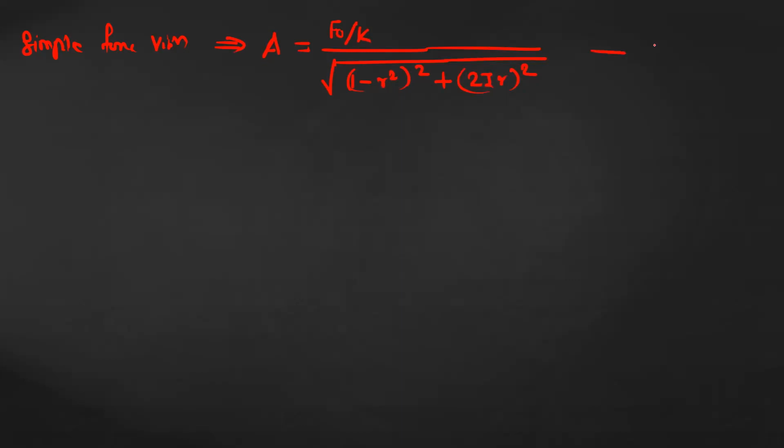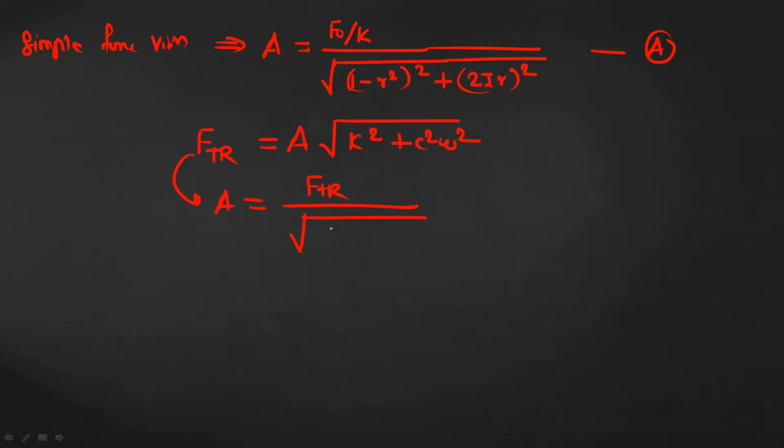We can take this as equation A. And now we have the equation for force transmissibility as FTR, the force transmitted, equal to A times the square root of K square plus C square omega square. By referring to these two equations, we can write the value A equal to FTR upon the square root of K square plus C square omega square.